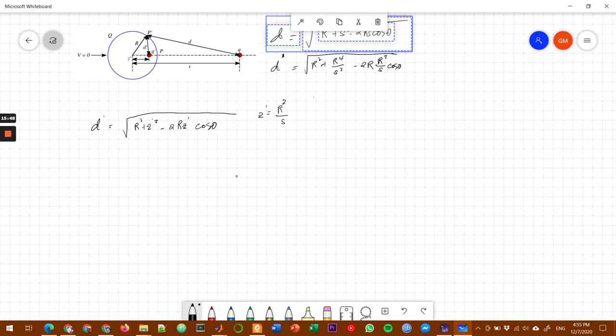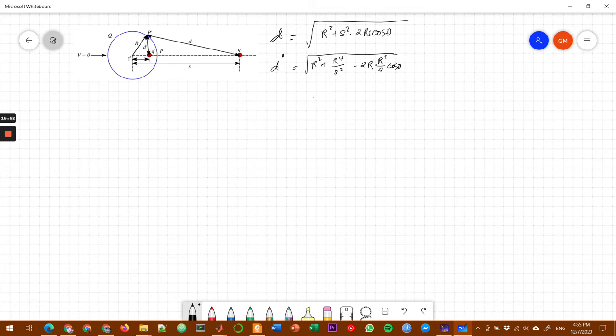So I have my d and the d prime. So we can now calculate the potential at P prime. That would be 1 over 4 pi epsilon naught times q over d plus q prime over d prime.